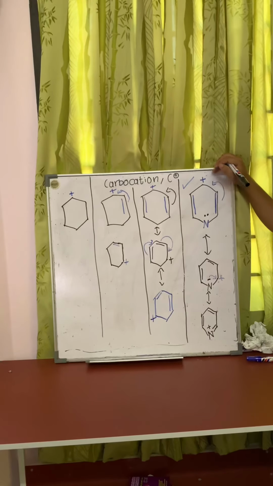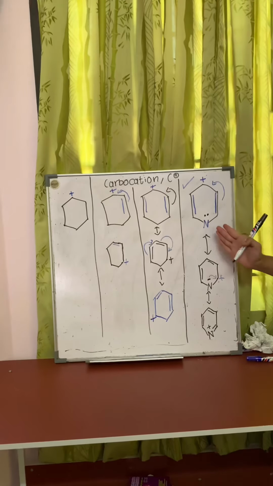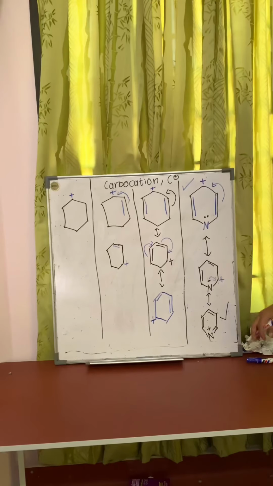The most stable is the one with the nitrogen atom. Why do I say this is the most stable compound? Firstly, as we can see here, all the bonds are complete and obey the octet rule.